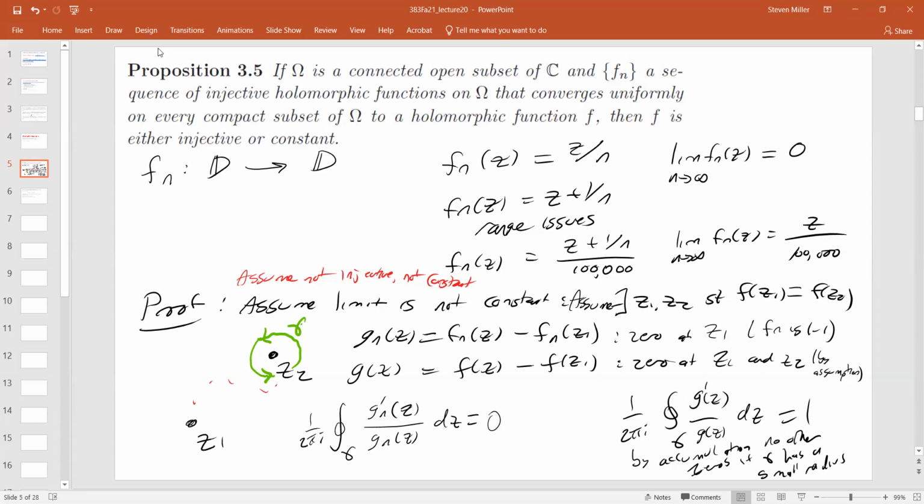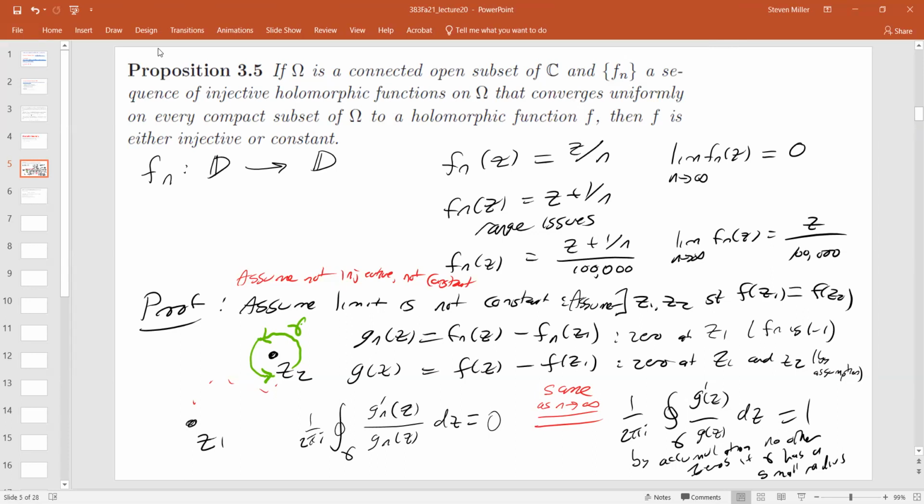Okay, what must be true about these two integrals? So the hope is that these are the same as n goes to infinity. And the reason is we are integrating over a compact curve of a fixed size. We have nice continuous functions.